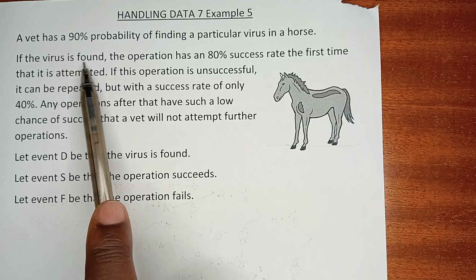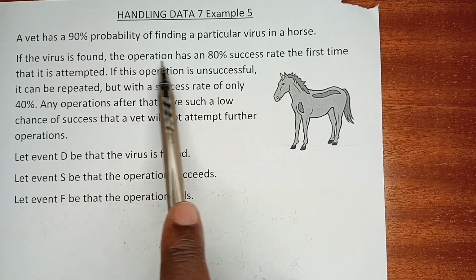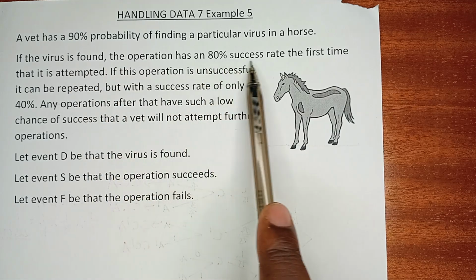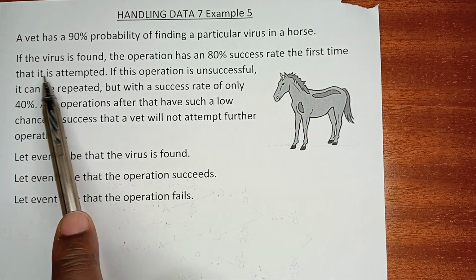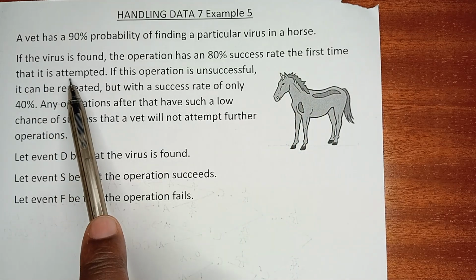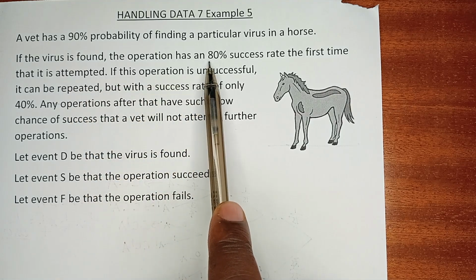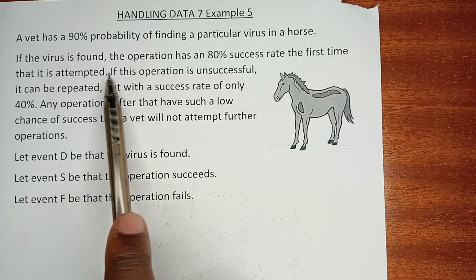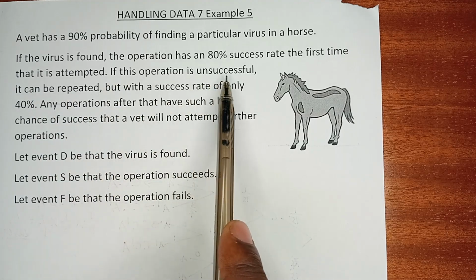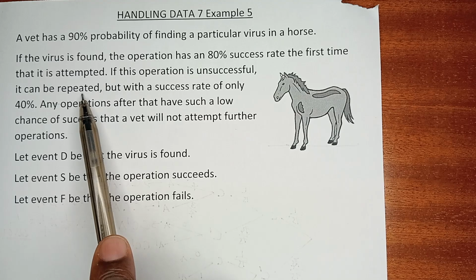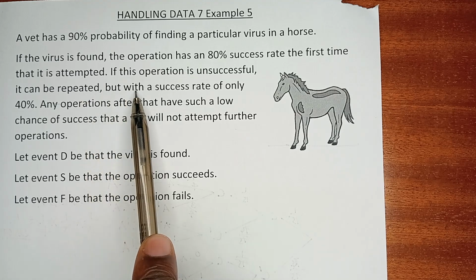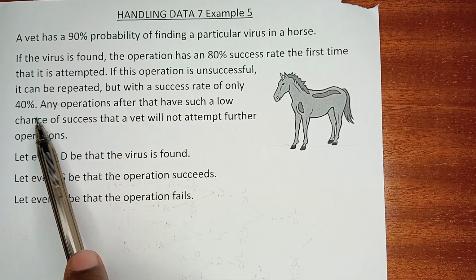If the virus is found, the operation has an 80% success rate the first time that it is attempted. That means in case we identify the virus, we have an 80% success rate in the first attempt of treating the horse. If this operation is unsuccessful, it can be repeated, but with a success rate of only 40%.